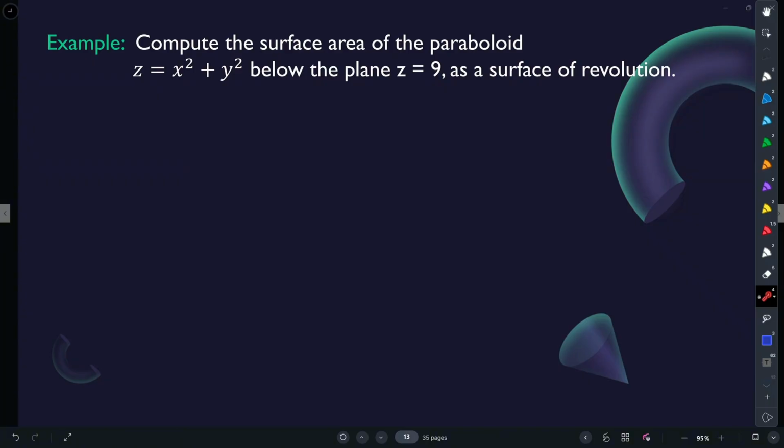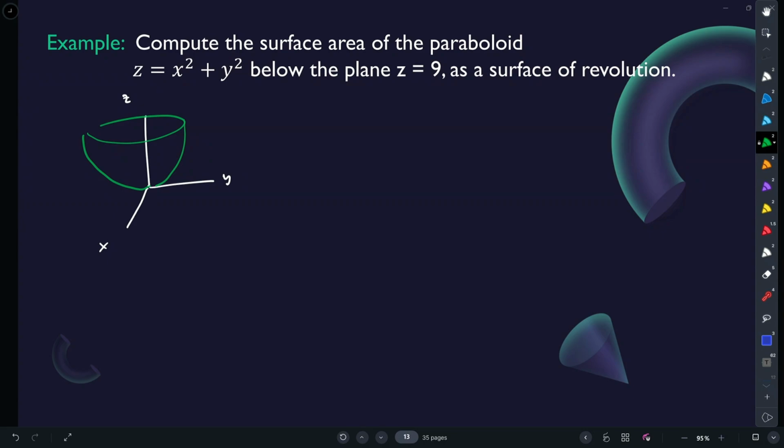So let's do it again. Let's use that formula now to parameterize this graph. I'm going to reinterpret my paraboloid. This is x, y, and z, and remember that it does look like this.